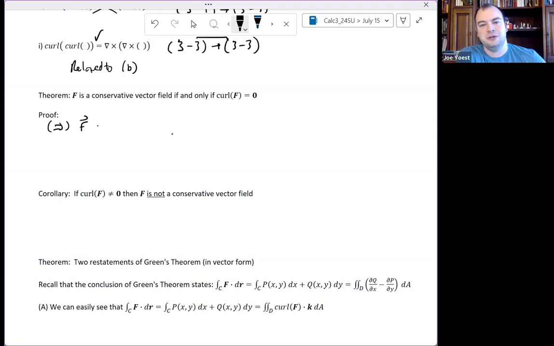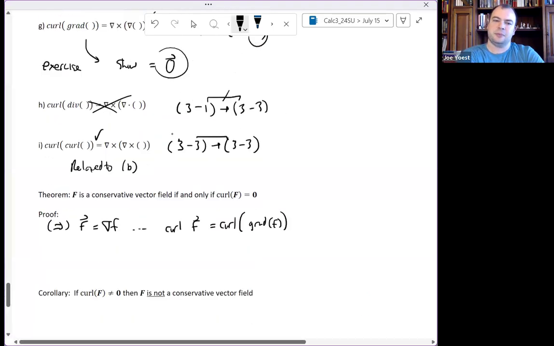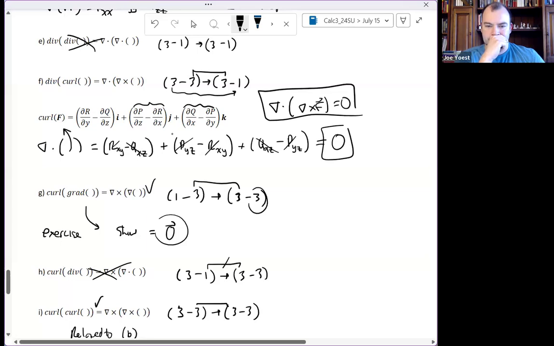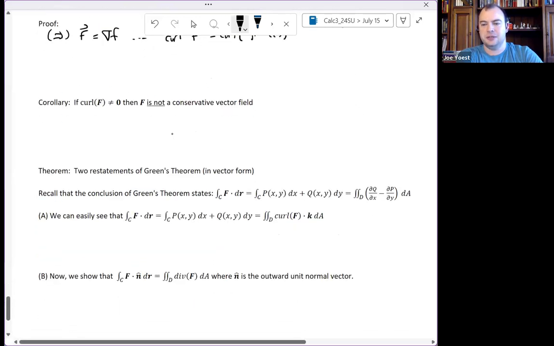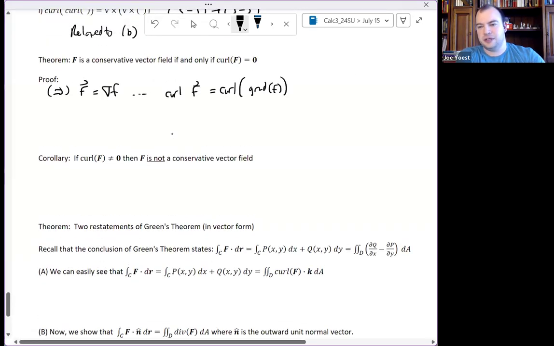So F is a conservative vector field means F equals grad little f for some little f. But wait, curl of big F is the curl of the grad of little f. But the curl of the gradient is always the 0 vector.